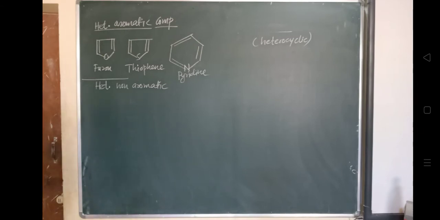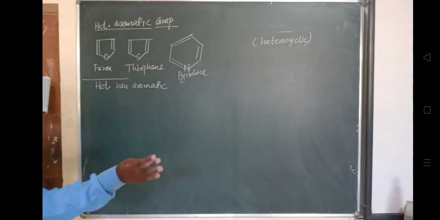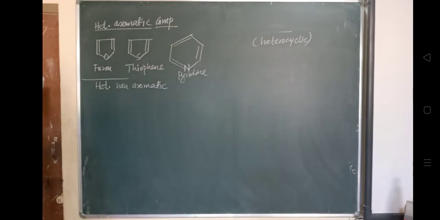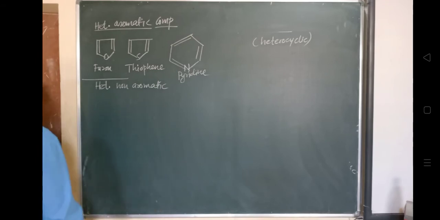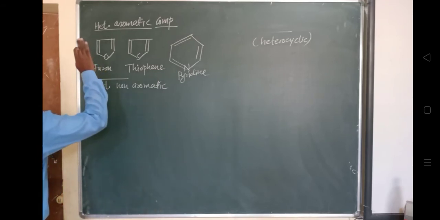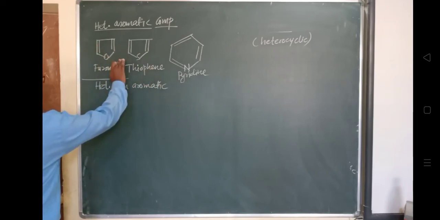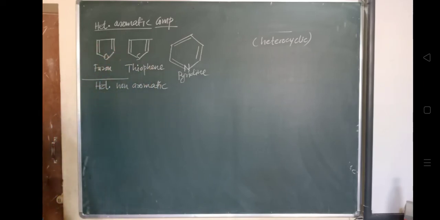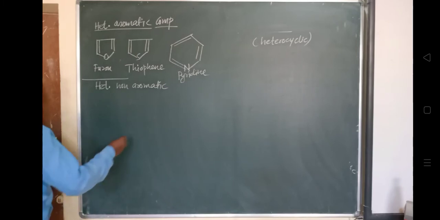We will discuss more about it later; you won't understand it now, but will later. In the pi electron cloud, in place of an individual bond there are alternating double and single bonds. For now remember these are heterocyclic aromatic compounds, and then there are heterocyclic non-aromatic compounds.